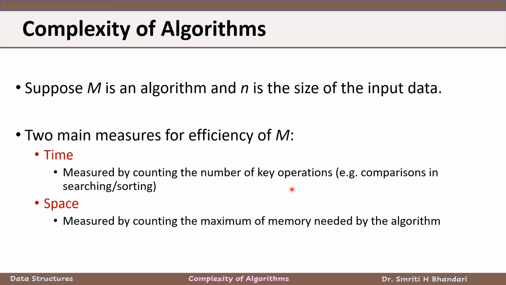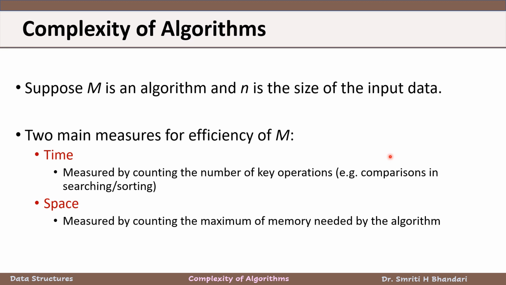So if we are having the same algorithm that is running on two different processors, then it is possible that the time required to compute may be different because the speed of the processor is different, right? But the algorithm is same.